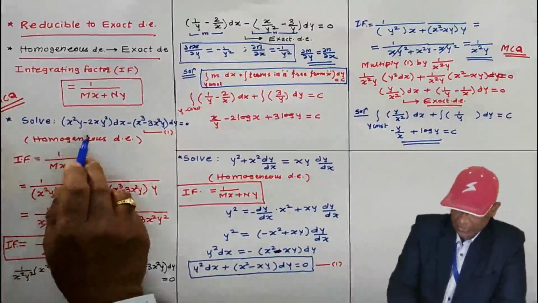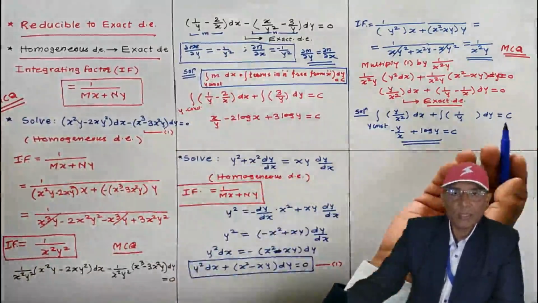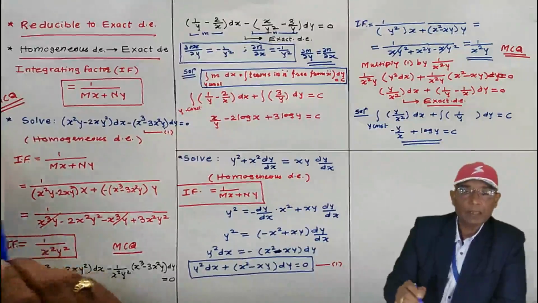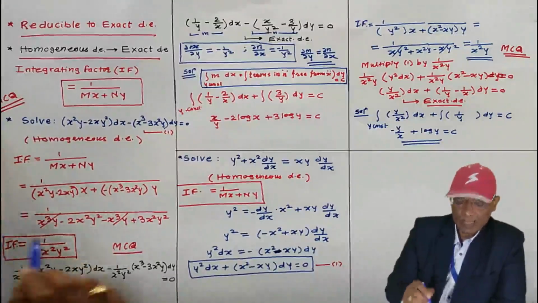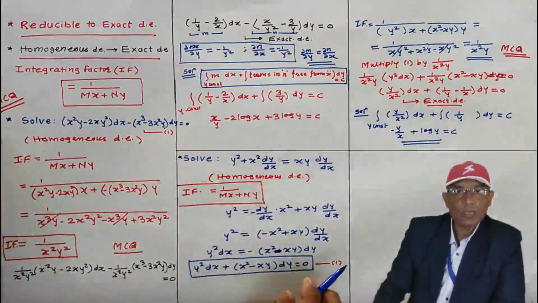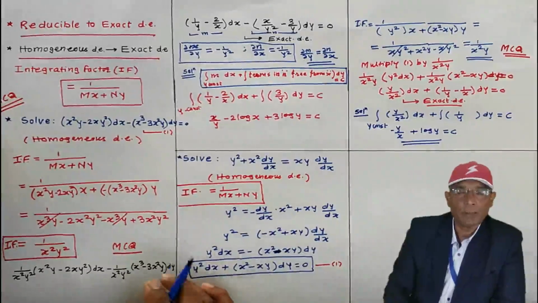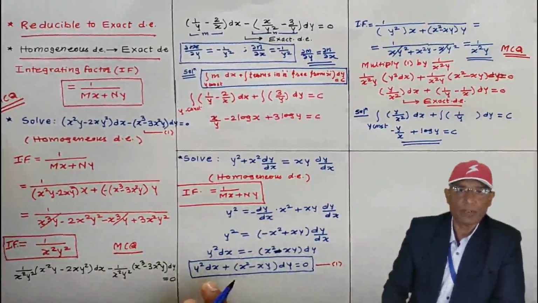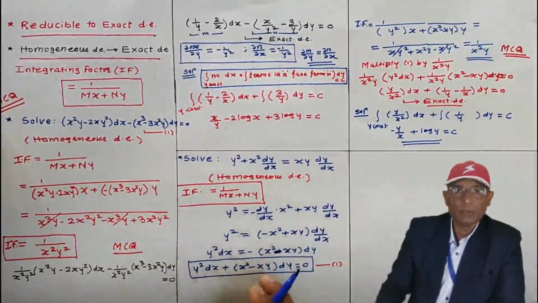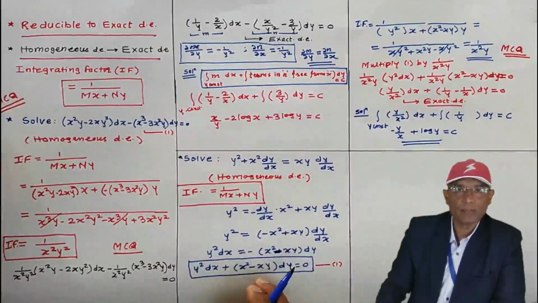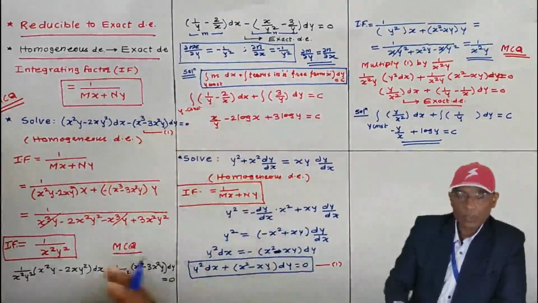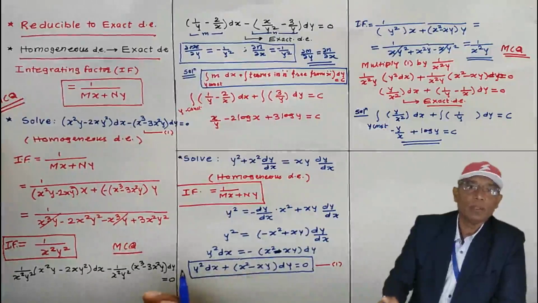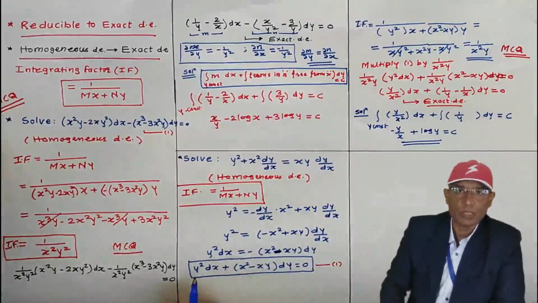That homogeneous differential equation we are converting into an exact differential equation by multiplying it by the integrating factor, and once you multiply the homogeneous equation by the integrating factor, the resulting equation is an exact differential equation, and we know how to solve an exact differential equation. So this is about reducible to exact differential equation when the given differential equation is homogeneous. So we stop here.